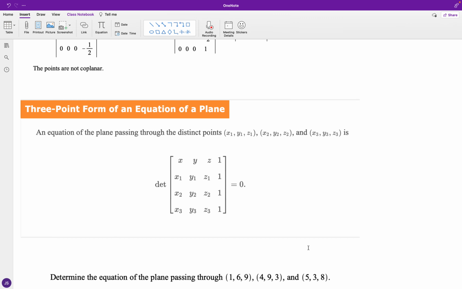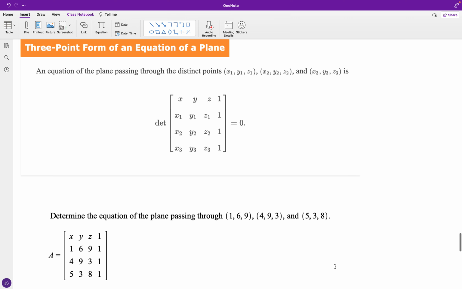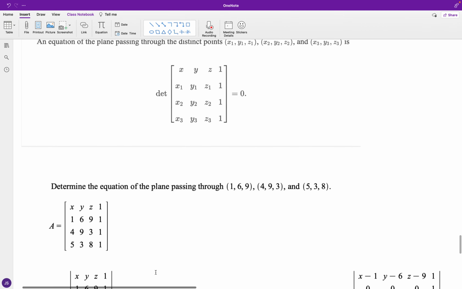Let's say, as an example, you're determining the equation of the plane that passes through (1, 6, 9), (4, 9, 3), and (5, 3, 8). So (1, 6, 9) is x1, y1, z1, (4, 9, 3) is x2, y2, z2, and (5, 3, 8) will be x3, y3, and z3. Looking at the matrix, again you have the heading x, y, z, 1, and the sets of x, y, z values followed by 1.